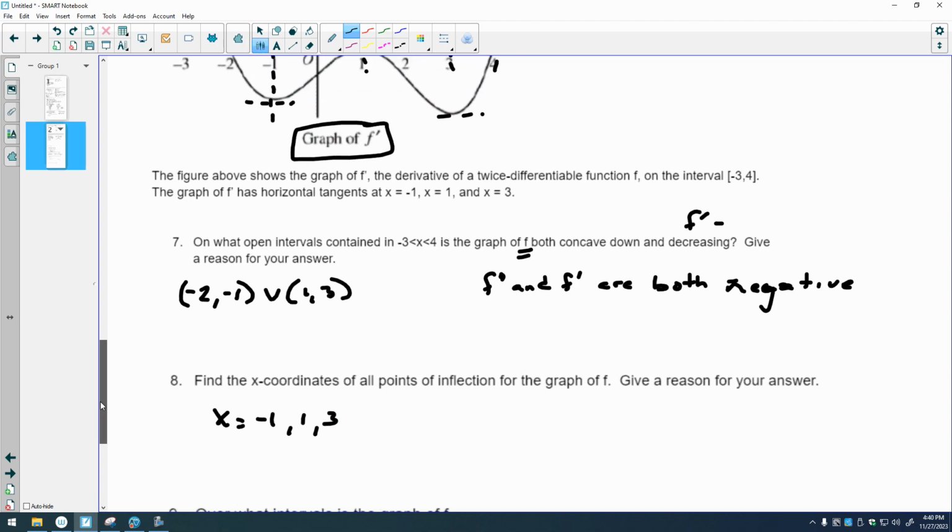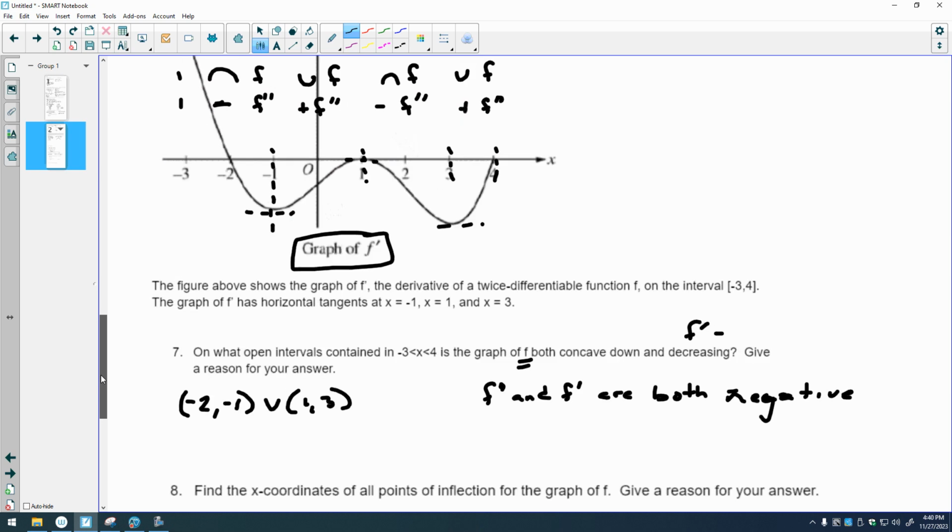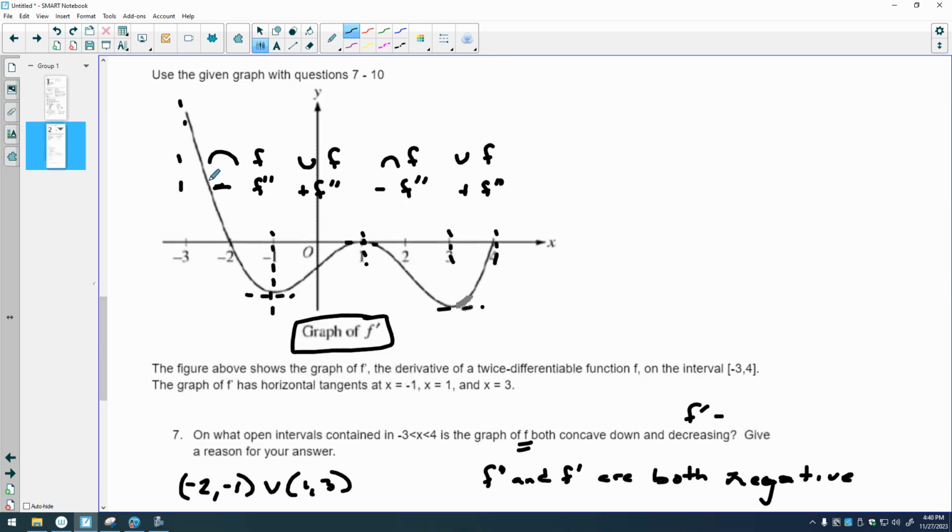Does f double prime switch signs at those places? Yeah, because it goes from negative to positive to negative to positive. They switch signs at those places.